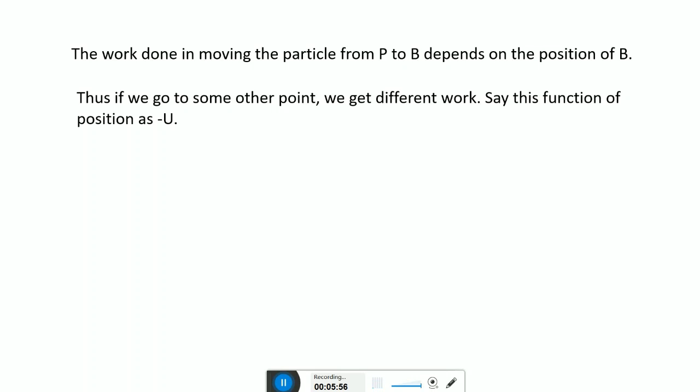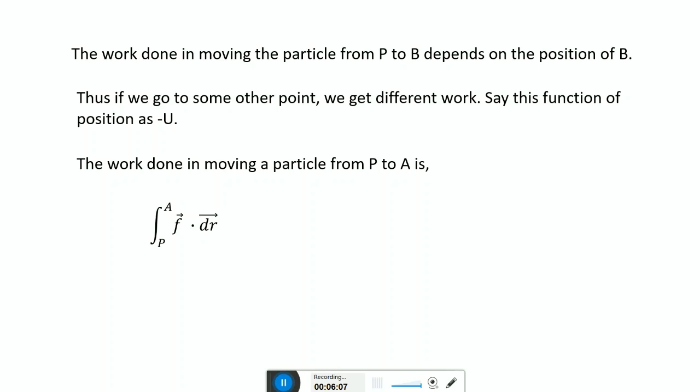Suppose we write this function of position as minus U. So, the work done in moving a particle from P to A is integration of vector F dot vector dr from P to A is equal to minus U of A, or if we reverse the limits, integration of vector F dot dr from A to P is equal to plus U of A. This is equation number 1.